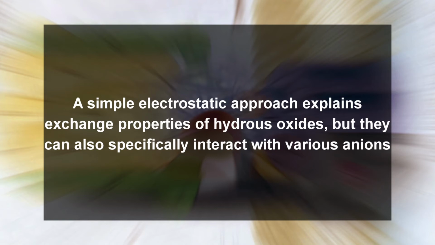A simple electrostatic approach explains the exchange properties of hydrous oxides, but they can also specifically interact with the various anions. In fact, iron oxides and other oxides can scavenge arsenate, phosphate, molybdate, and similar anions from solution with high efficiency. One theory advanced to explain this strong adsorption is ligand exchange or anion penetration.